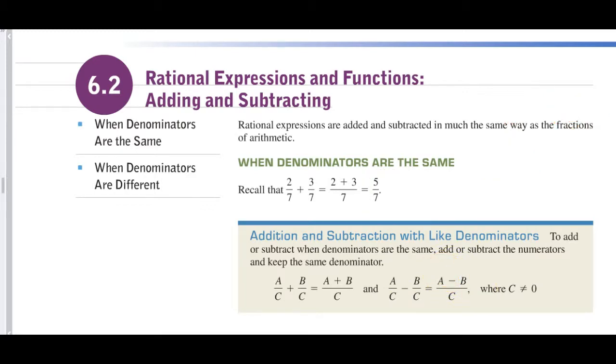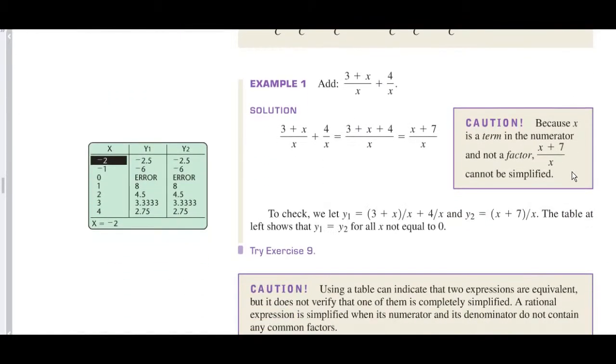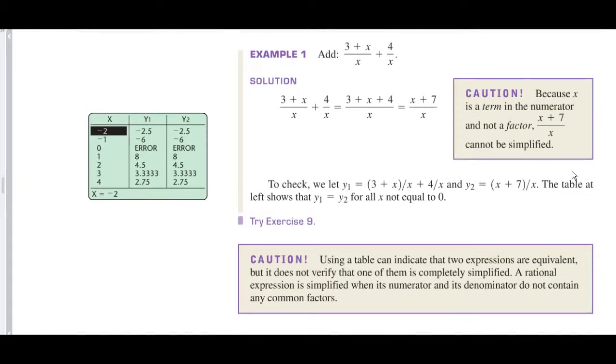Now it gets a little more complex because we're dealing with these challenging rational expressions. So let's take a look at example 1, and again, we'll use as much as we can of what's there.